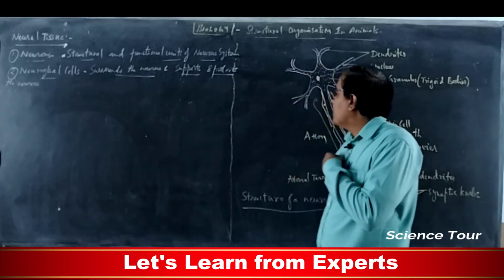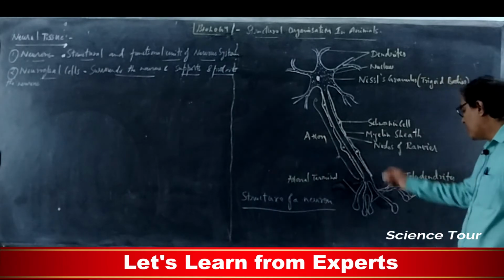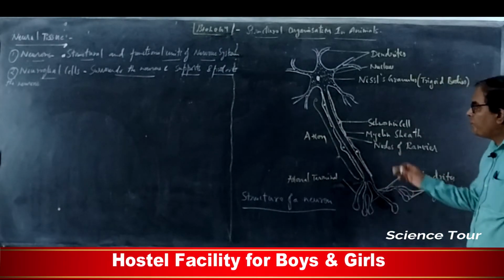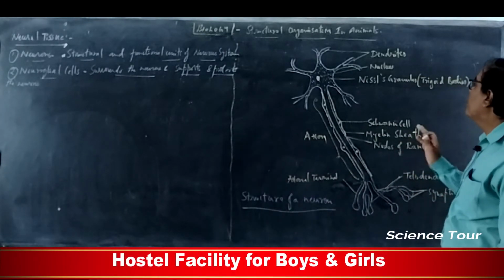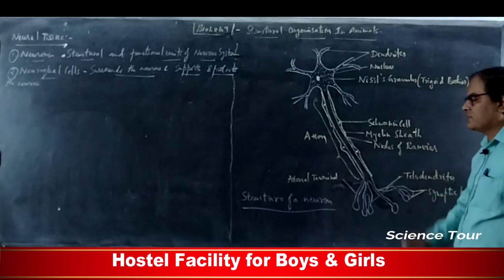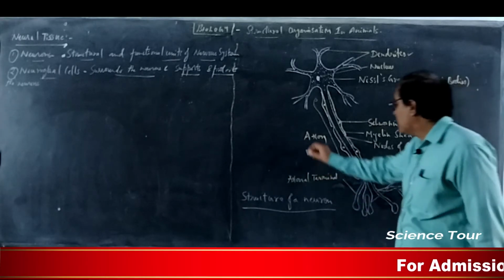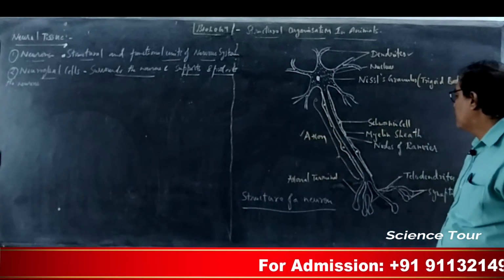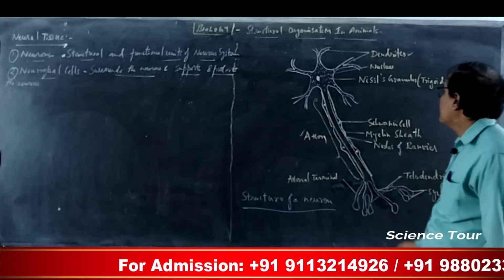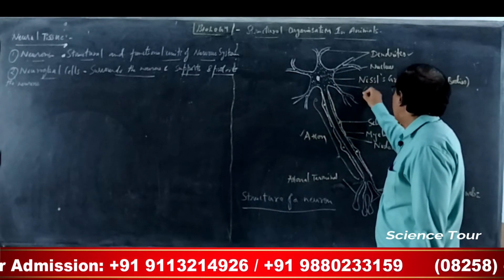Let's study the structure of a typical neuron. If you take a neuron, it has three parts. One is the dendrites, second one is the axon, and the third one is the cell body.